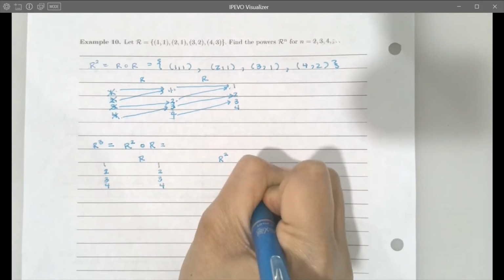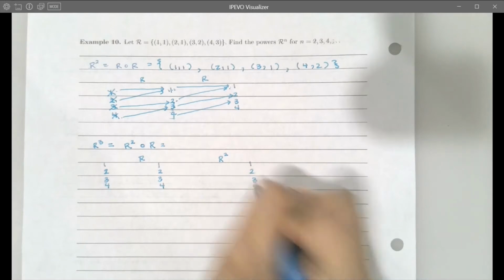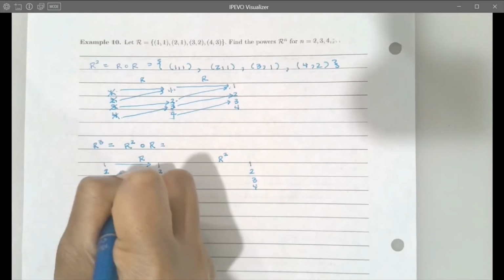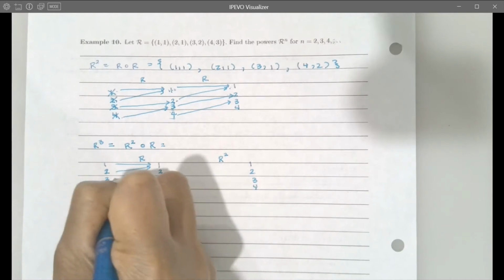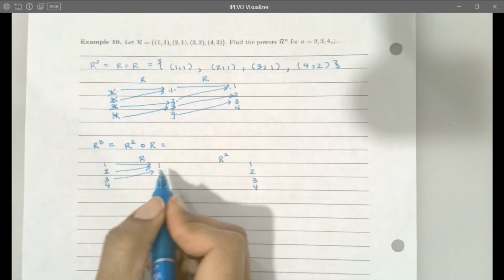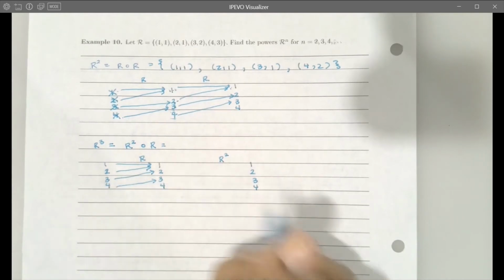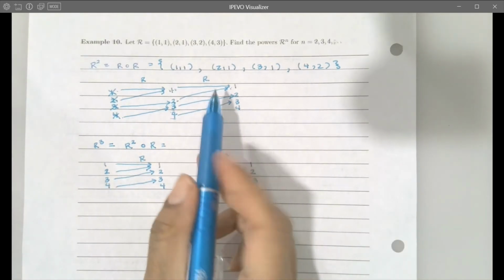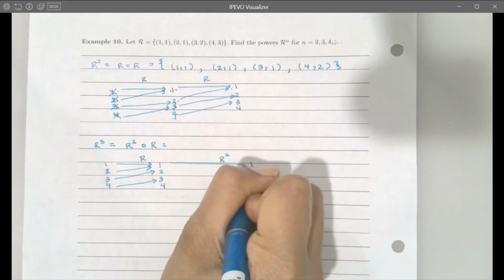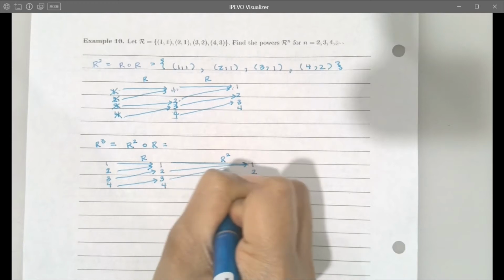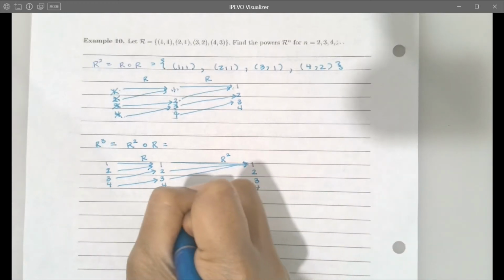And R2 also has to map to 1, 2, 3, 4. R maps 1 to 1, 2 to 1, 3 to 2, 4 to 3. And then R2 maps 1 to 1, 2 to 1, 3 to 1, and 4 to 2.